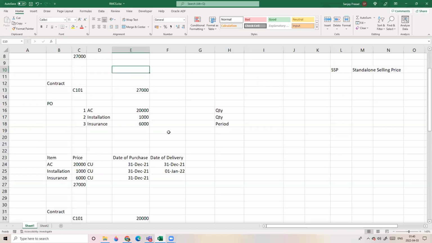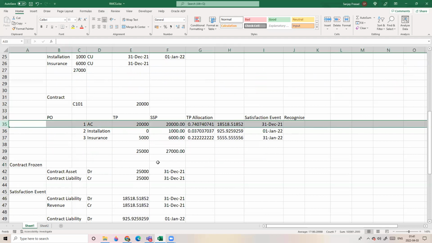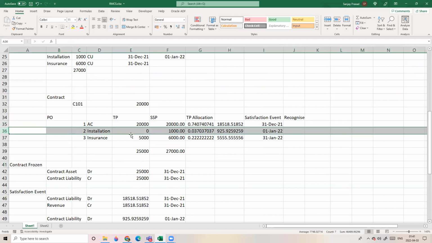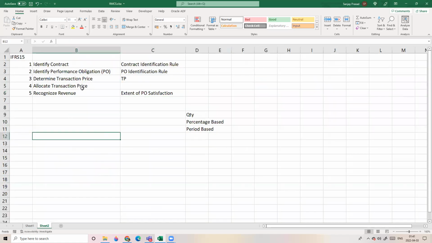For example, the moment we say that AC is delivered, we should be recognizing revenue for the AC. When we say 20% of installation is complete, then we should be recognizing 20% of revenue on that particular day. This is how we should do the revenue recognition. That's what we call the extent of PO satisfaction completed.